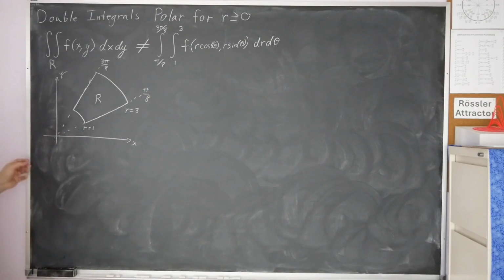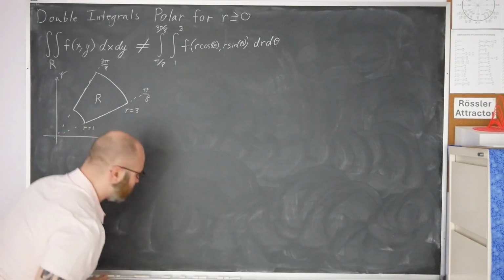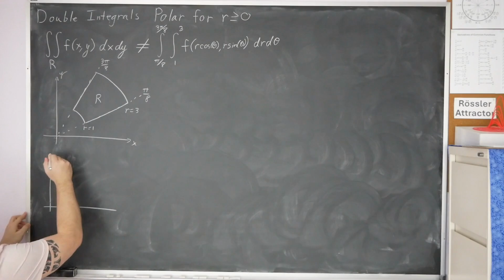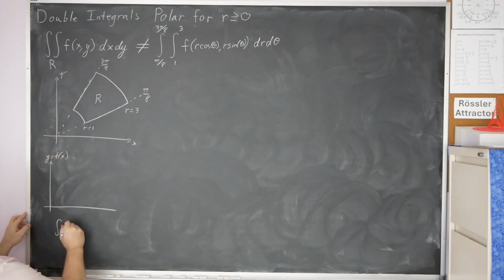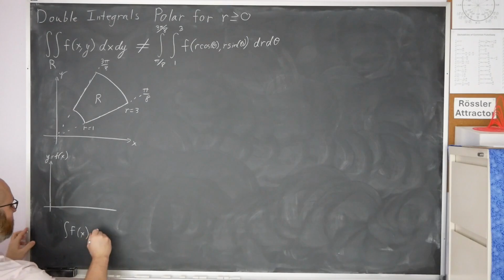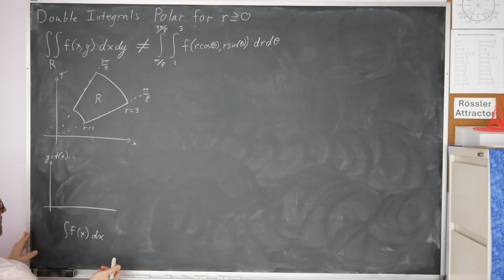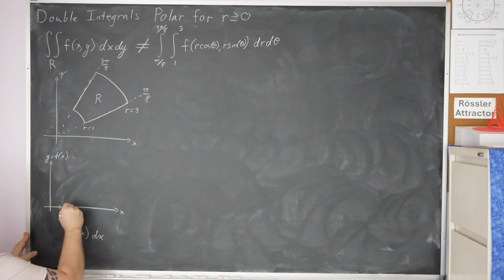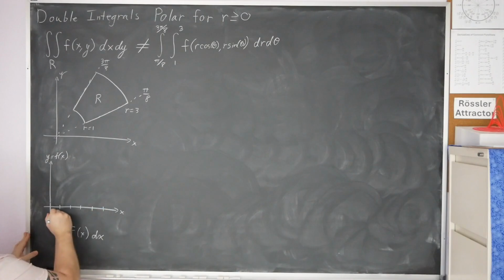The reason for that, right, is if you do u substitution, so let's say instead I had y equals f of x, I had an integral of f of x dx, and I changed that into something with u. So normally, right, if this is the x-axis, then you do delta x, delta x, delta x, delta x over and over again.